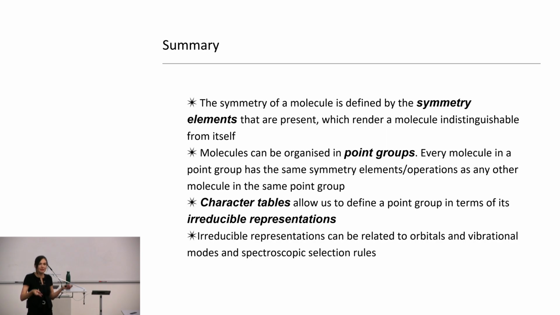My molecule's octahedral, I know how it behaves. And the character tables, of course, allow us to define the point groups in terms of their irreducible representations. And these are mathematical constructs that we can directly relate to the chemical objects that we care about and want to discuss, concepts like orbitals and vibrational modes and allowed and forbidden transitions. And that's basically what I'm summarizing here.